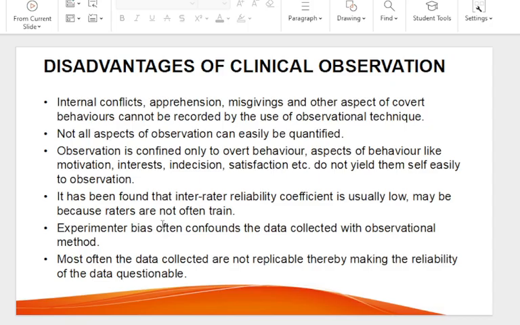So with all that said, we still have other parts of clinical observation that actually have to do with psychotherapy. Now remember that we are trying to bring everything down to psychotherapy, and we are seeing how clinical observation comes to play in psychotherapy. So we are going to be discussing the concept of clinical interview.